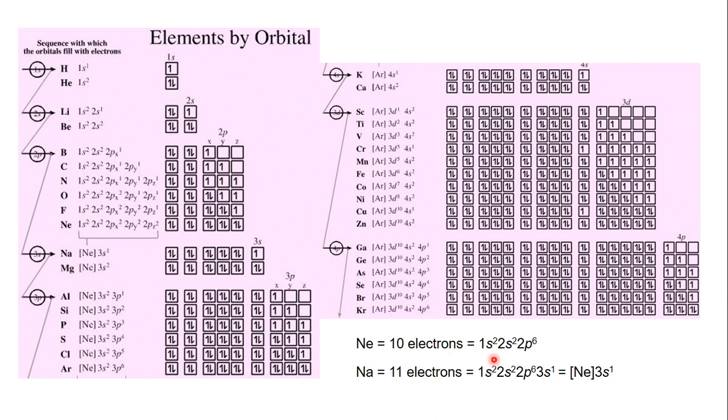Neon is 10 electrons, so it's 1s2, 2s2, 2p6. Then we have sodium, which is 11 electrons, which is 1s2, 2s2, 2p6, 3s1. Or for shorthand I can just write neon, and then it just has an extra 3s1 orbital. So you can just write the noble gas before it and then write the extra electrons after it. That's just shorthand notation.